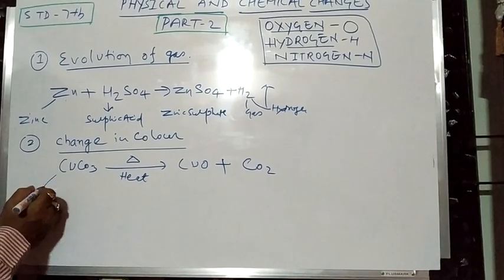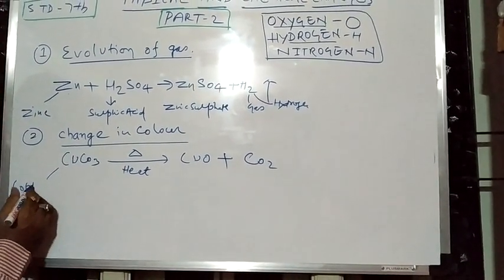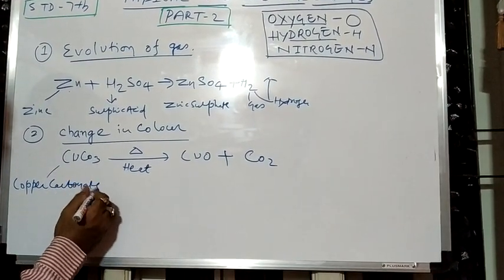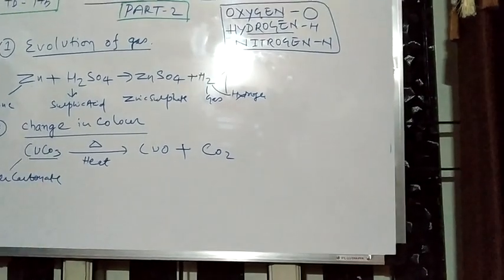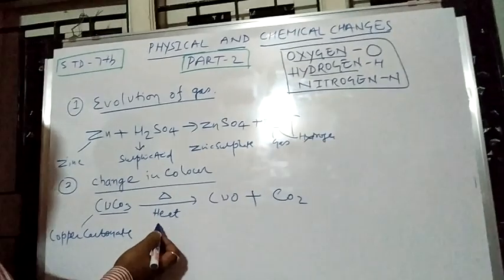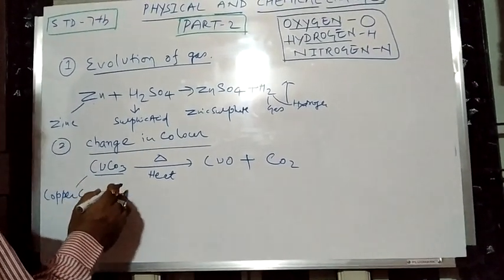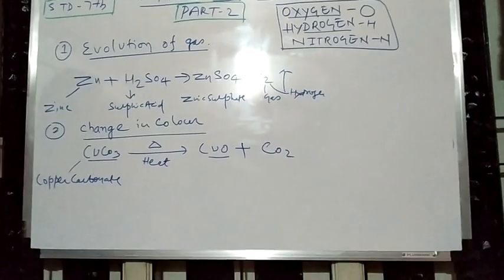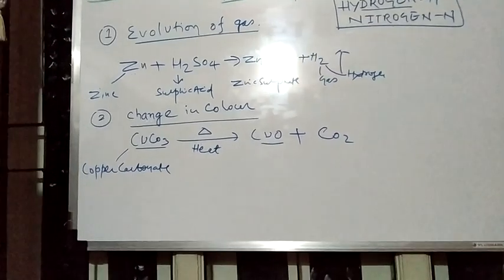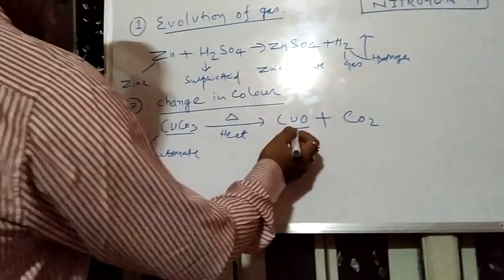CuCO3 is copper carbonate. When we heat the copper carbonate, earlier the copper carbonate color used to be white, but the CuO color changes. It becomes green, copper oxide.